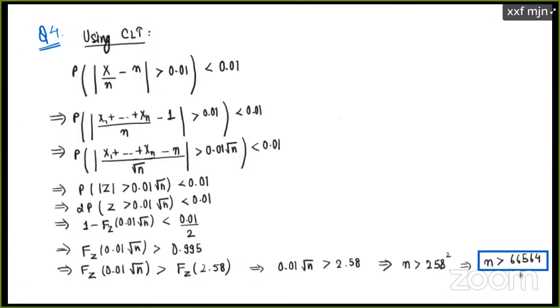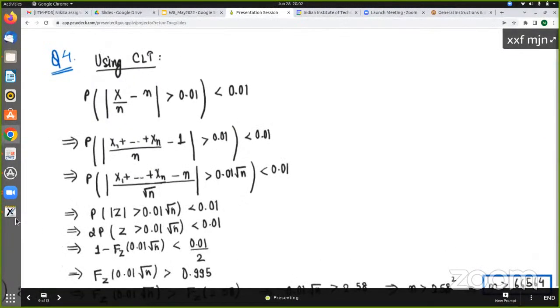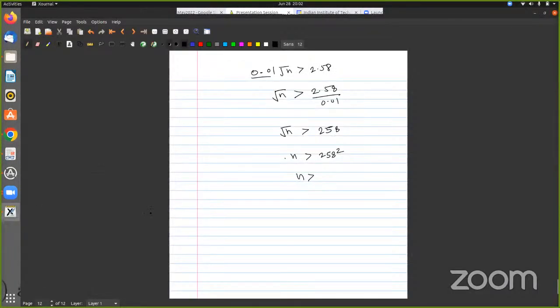Okay, we'll see some examples. Let's say n is greater than 20, and I ask to find the minimum value of n. It is 21.